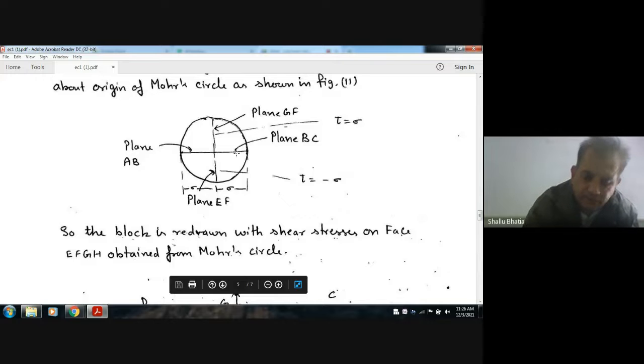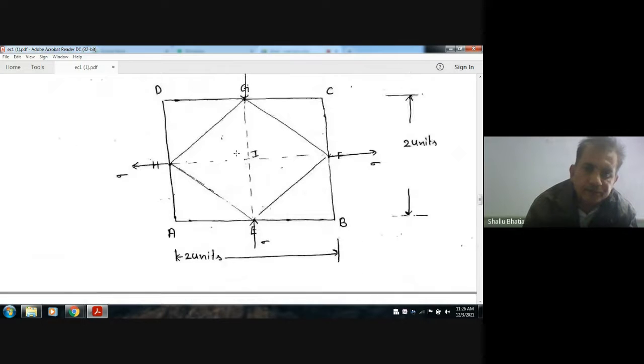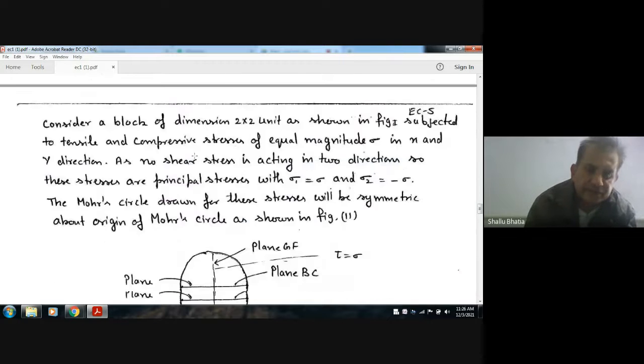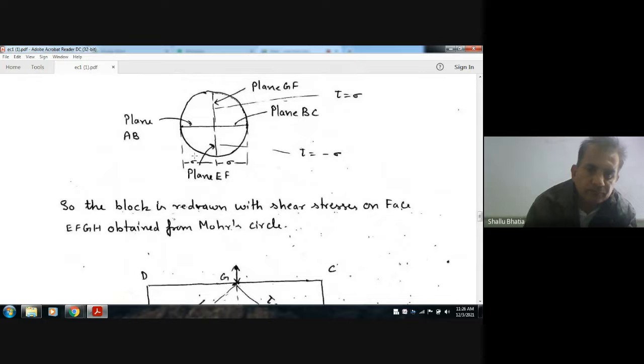Similarly, if we draw the compressive stress, that is in the negative direction, so minus, this is the plane AB, and the midpoint of this line will be the center, and if we draw a circle, then it is a Mohr circle.